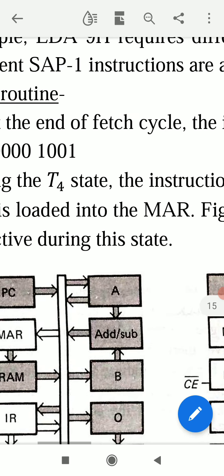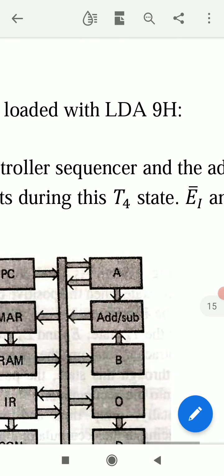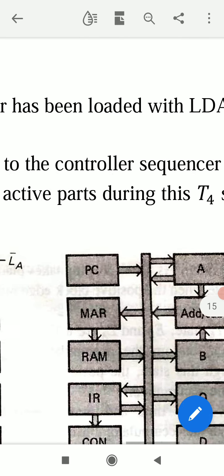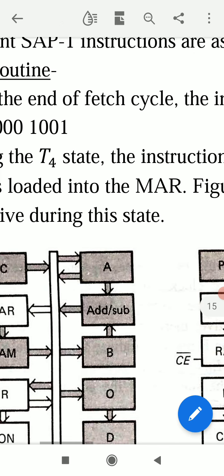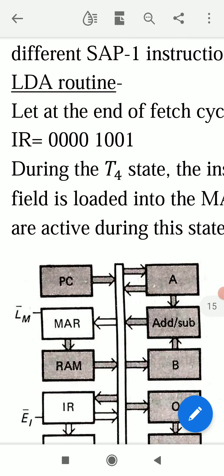At the end of fetch cycle, the instruction register has been loaded with LDA 9H. Instruction register IR equal to 00001001.